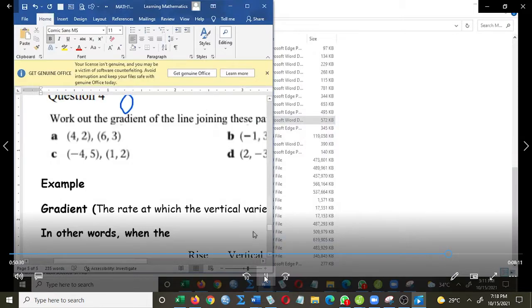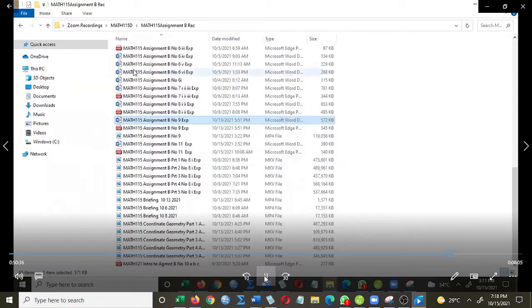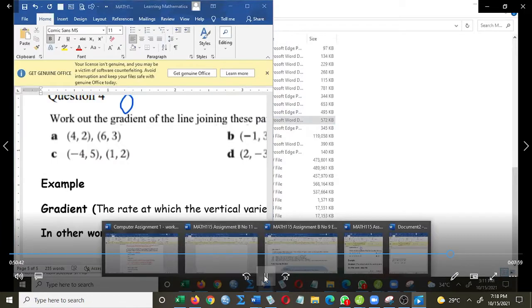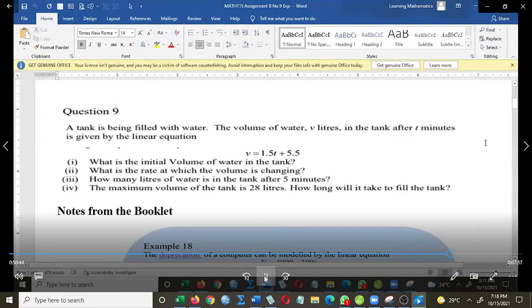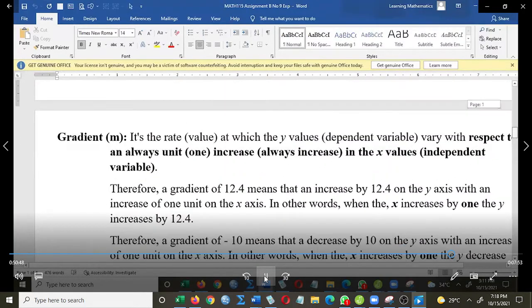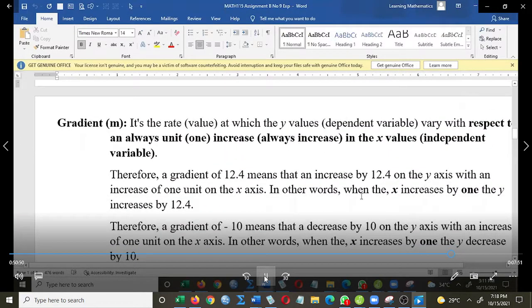Where is number 9? Number 9, number 9. Yeah, look at that. Let me copy it.